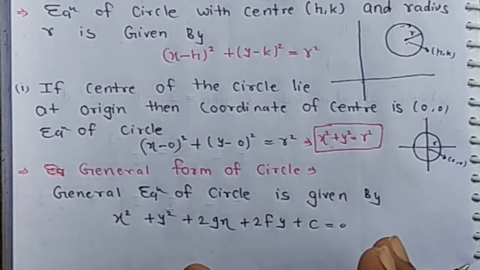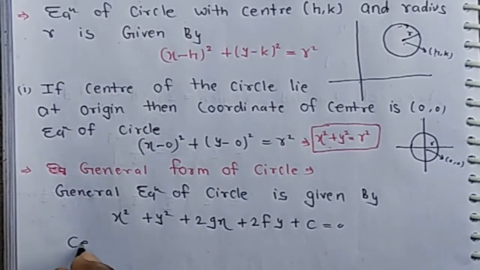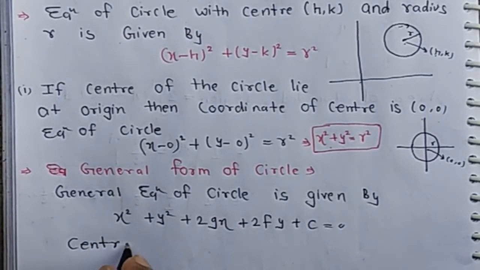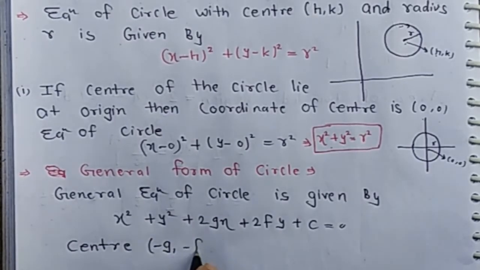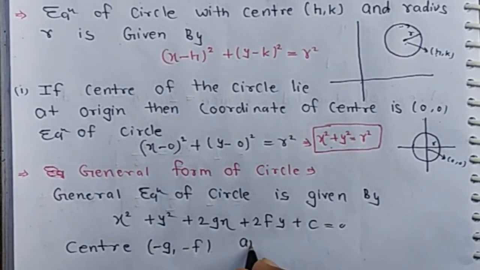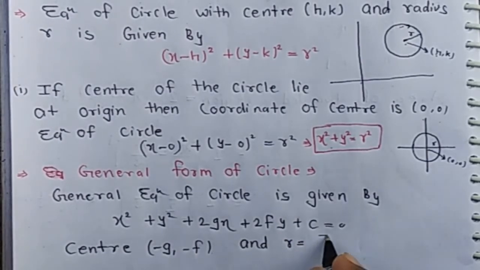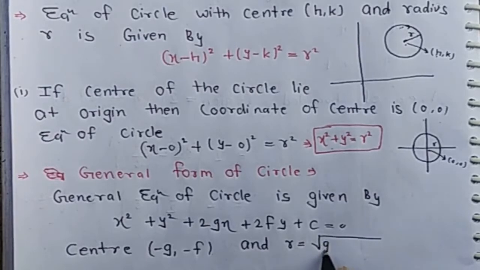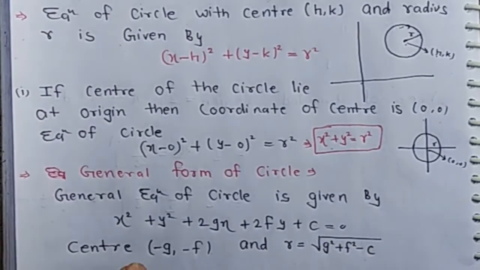It is the general equation of circle in which center is minus g comma minus f, and radius is square root of g square plus f square minus c.